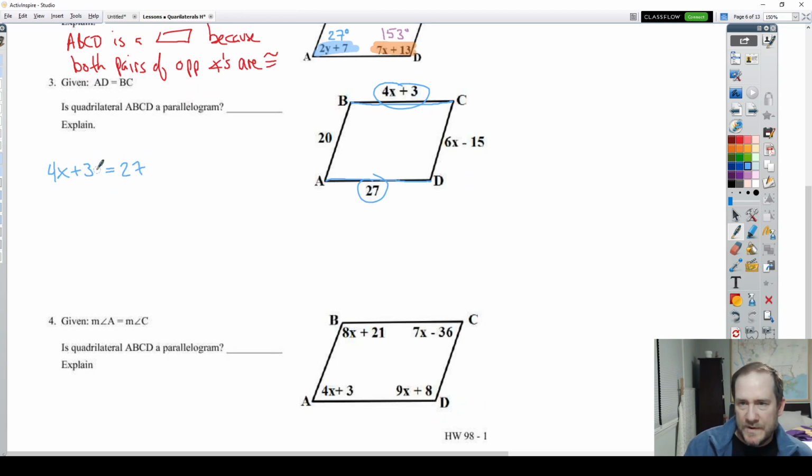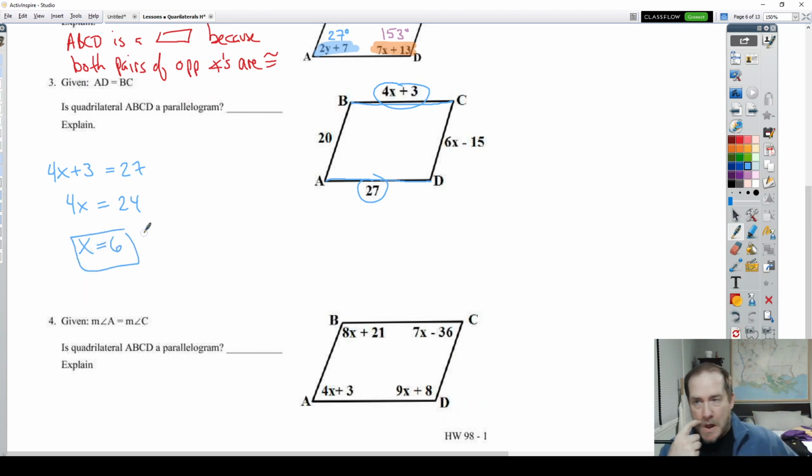I'll solve by subtracting 3, dividing by 4. So you get 6. Now that you've got 6, you'd want to plug it in here. Not there. Plug it in here. Because if this gives 20, then both pairs of sides are congruent and we'll have a parallelogram.